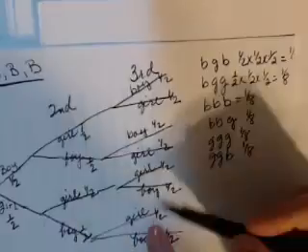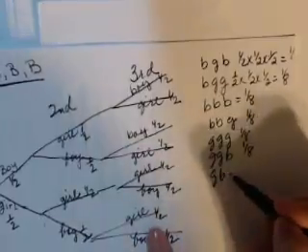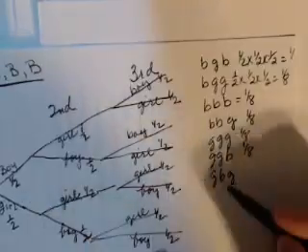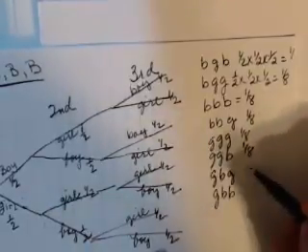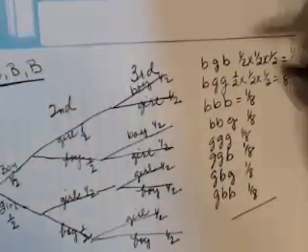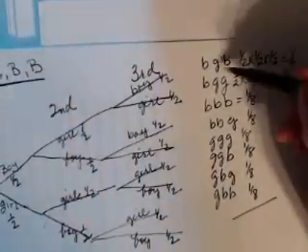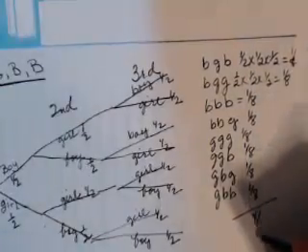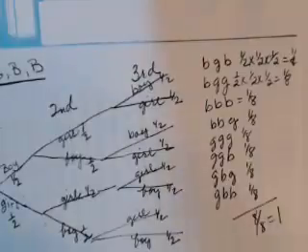A girl, boy, girl. And a girl, boy, boy. So notice that the probabilities for each branch is 1/8. And if I add those all together, I get 8/8 or 1.